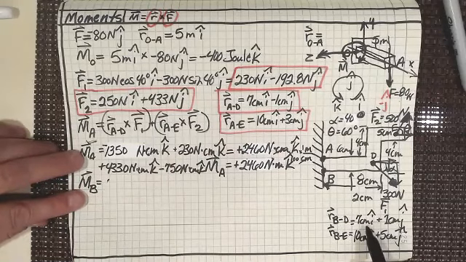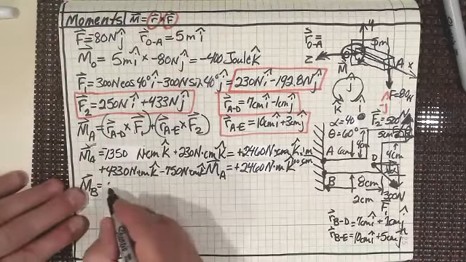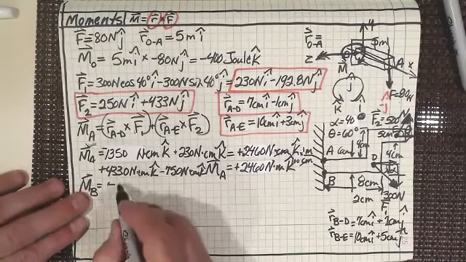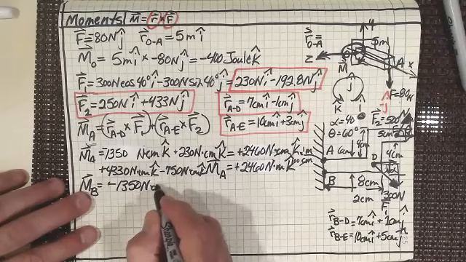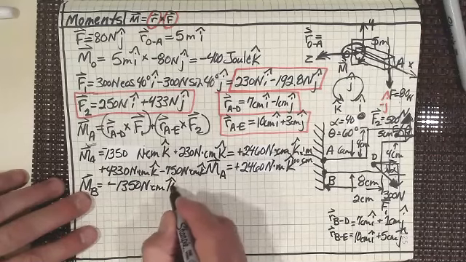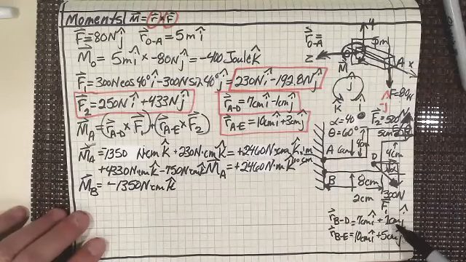So B to D, that's 7 centimeters times 192.8, still the same thing. It's going to be minus 1350 Newton centimeters K hat, right? That first one is going to exactly be the same. That's the 7, and then now I've got plus 1.